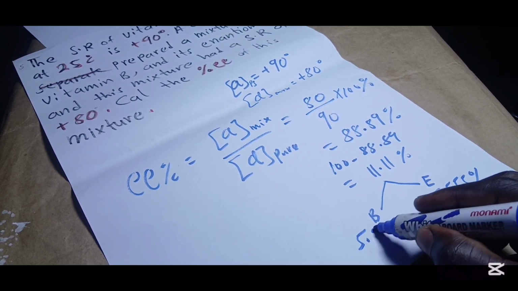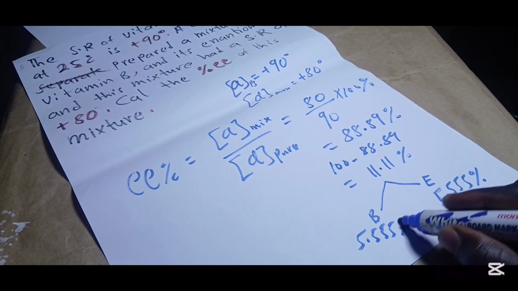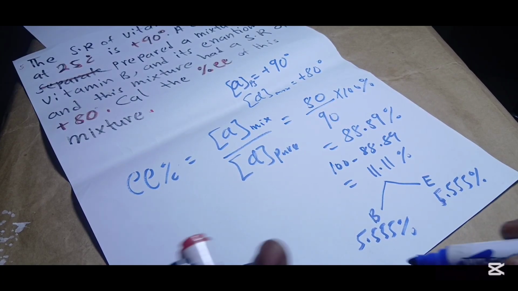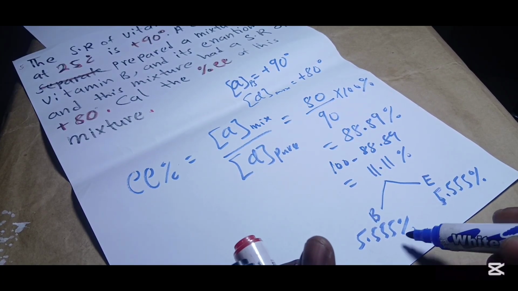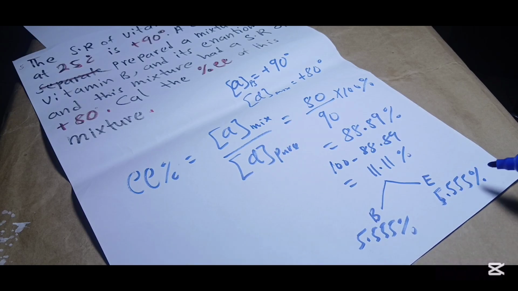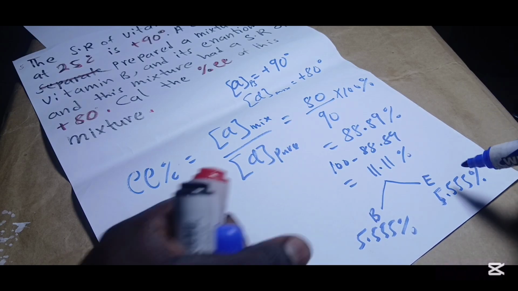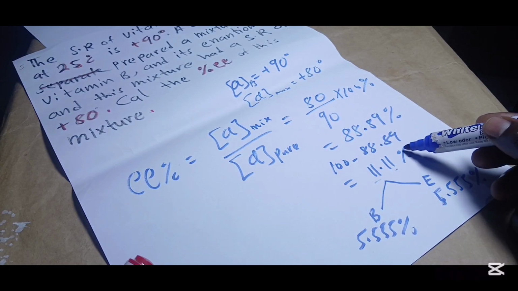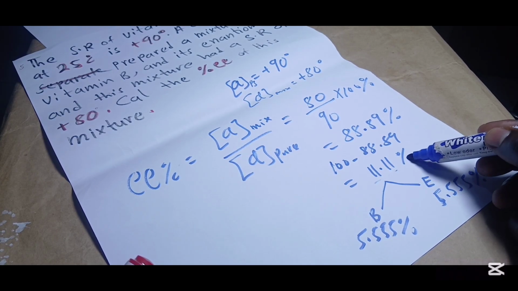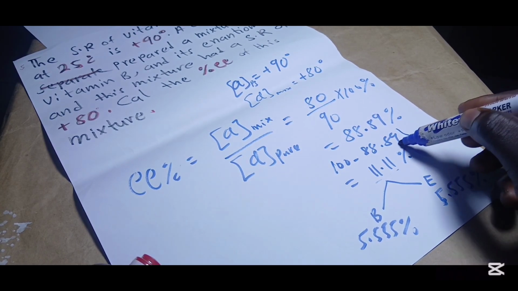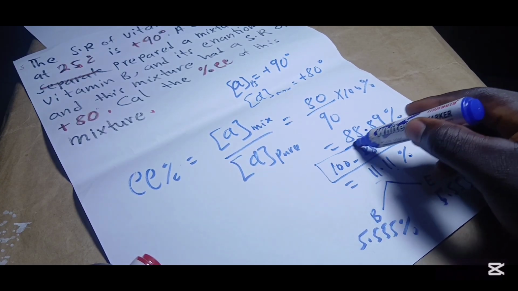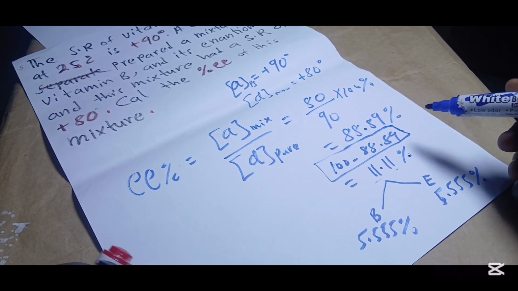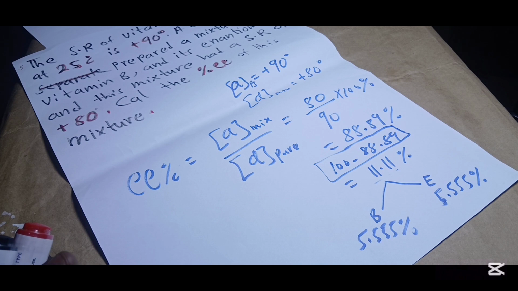Yeah, 5.55% here. So 5.55% of the vitamin B and 5.55% of its enantiomer came together to form a racemic mixture of 11.11%. That is why the enantiomeric excess of the vitamin B itself is not 100%.